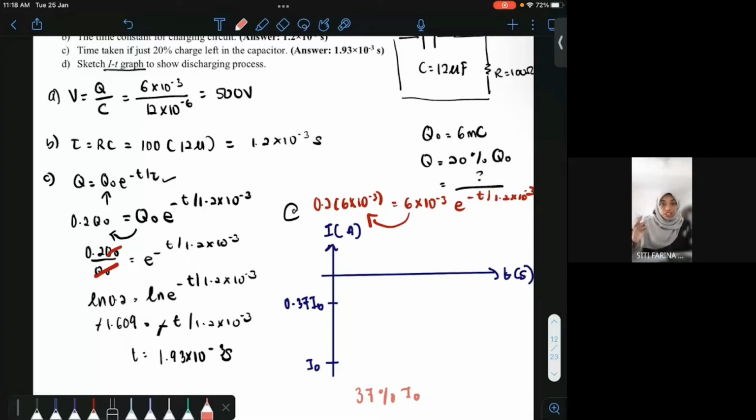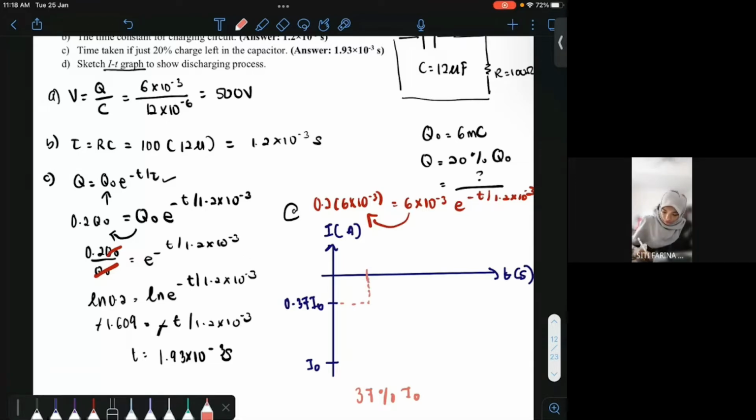Ataupun by definition of the time constant, the time required for the capacitor to discharge through the resistor to 37% of its maximum current. Itu adalah time constant kamu.